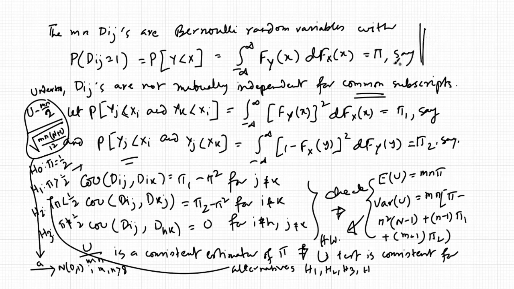And this is another homework. You also check that the W, that is Wilcoxon rank sum test statistic, is equal to U plus n into (n plus 1) by 2. So we conclude that Mann-Whitney U test and Wilcoxon rank sum test are equivalent.